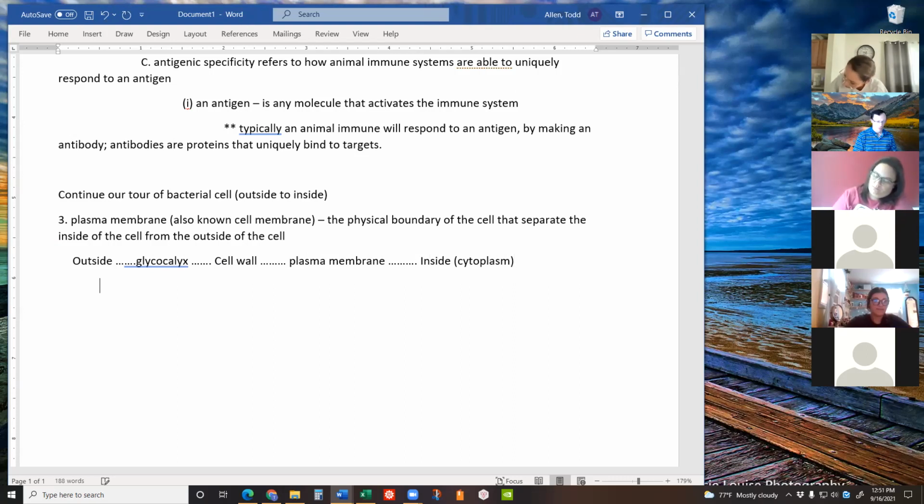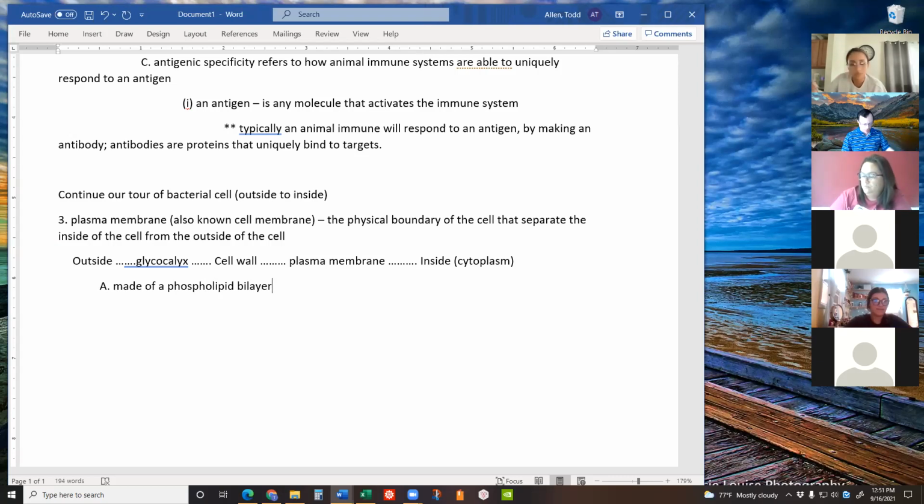So let's talk a little bit more about the plasma membrane. What is it made of? Well, the plasma membrane is made of a phospholipid bilayer, 2 rows of phospholipids that are oriented tail to tail. Figure 4.14, have a look at that.